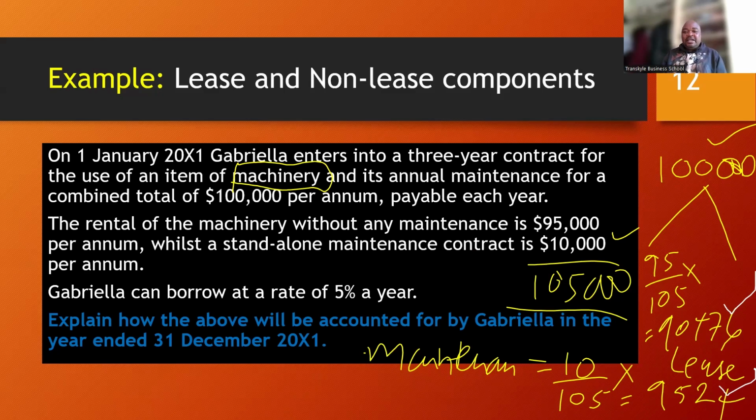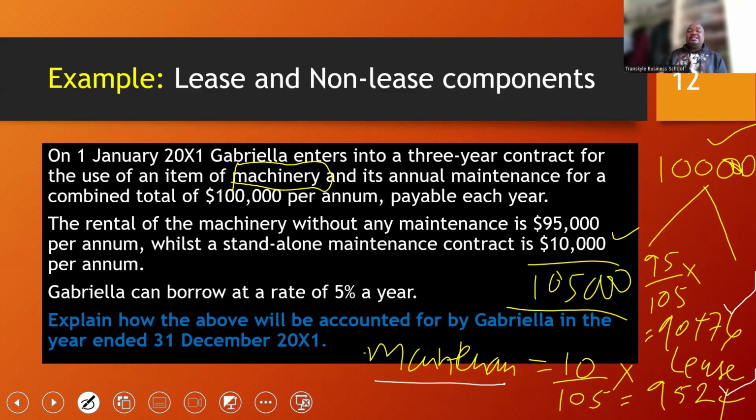Each year we are going to pay the lease component. Remember, this maintenance is a non-lease component. It has to be excluded when we are computing the lease liability. That one is just an expense directly, to be expensed to the P&L, in the statement of profit or loss.